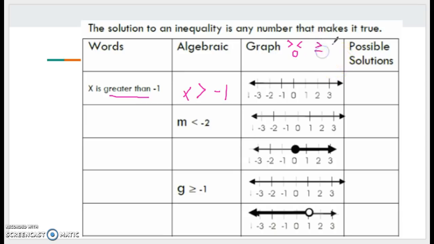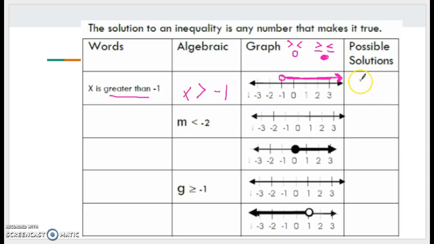And this guy looks like he got hurt worse. So this is an open circle on -1. So here's -1. We're going to put an open circle in that one. And x is anything greater than -1. So we're going to extend our arrow out, because anything here could possibly work.